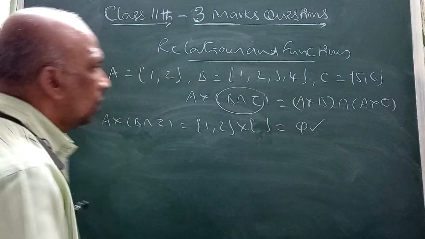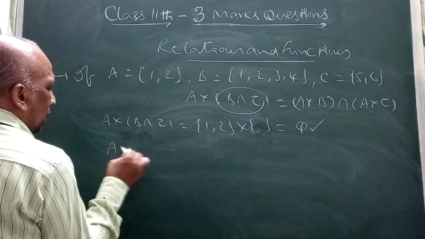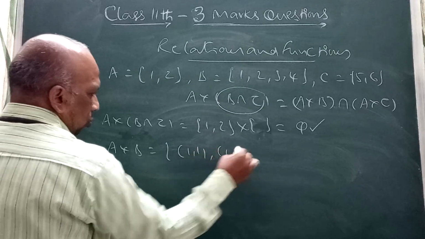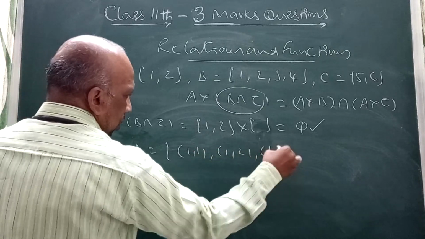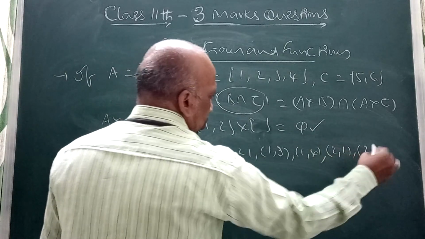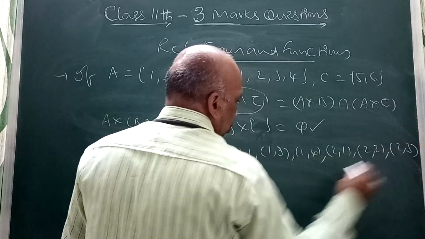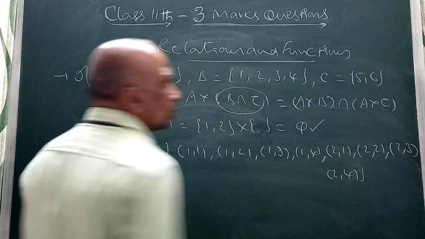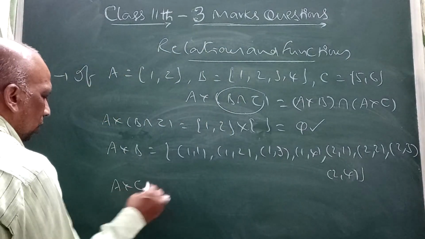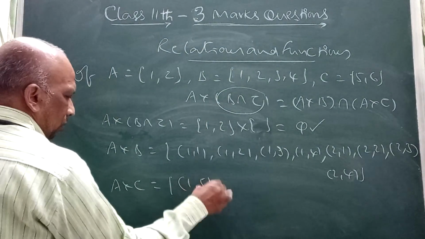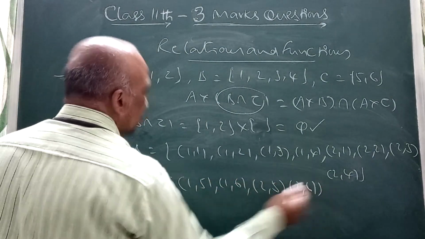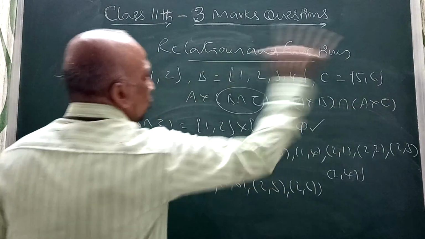Correct. Now find A cross B. I can write (1,1), (1,2), (1,3), (1,4), and (2,1), (2,2), (2,3), (2,4). So this is A cross B, right? Now try to find A cross C also. A cross C is (1,5), (1,6), and (2,5), (2,6), right?